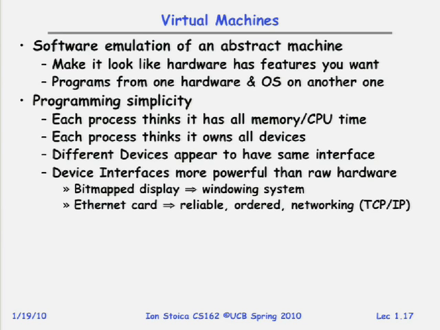Here is an example of what a virtual machine interface can provide. To each process, it can give the illusion that it has all the memory for itself and all the devices for itself. With device drivers, all the printers have the same interface, and they are even more powerful than the raw hardware. It's pretty easy to see how this eases your job as a programmer designing an application.